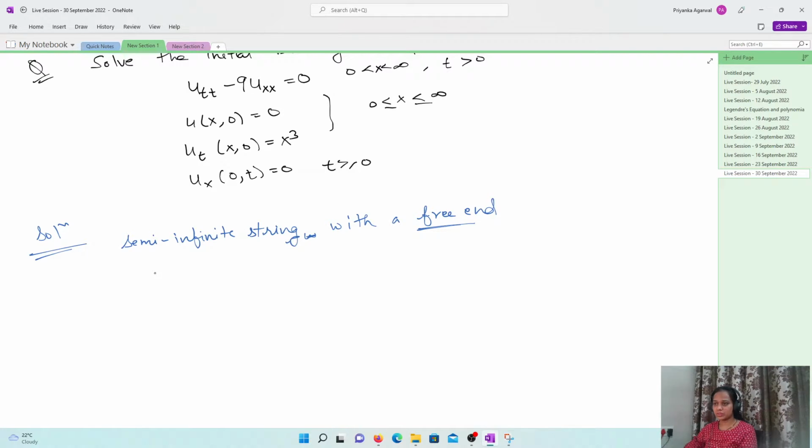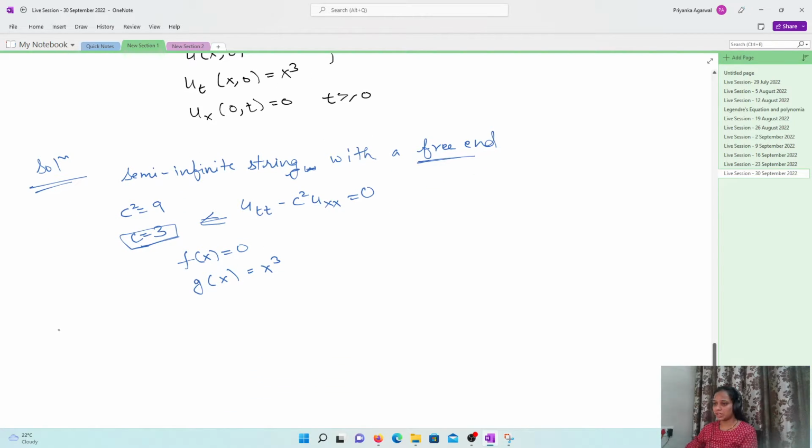So now if we just see over here, c square is 9, so c equals 3. From this, u_tt minus c square u_xx equals 0. So by comparing, we get that c is equal to 3. And then our f(x) is 0, and then our g(x) is x cube, right?